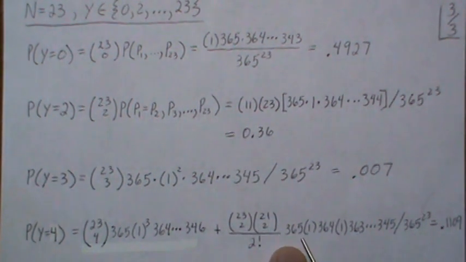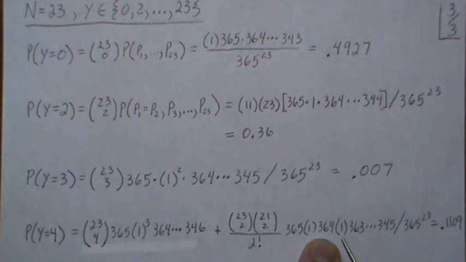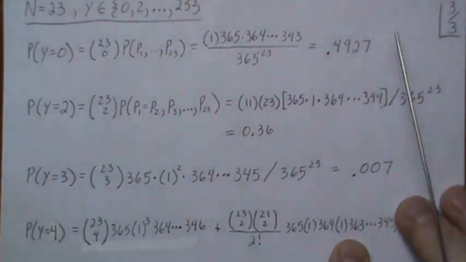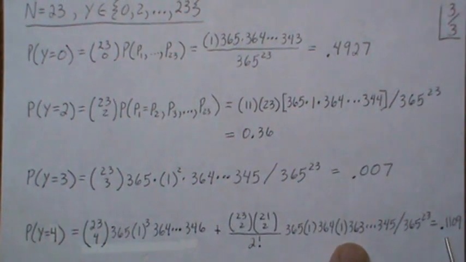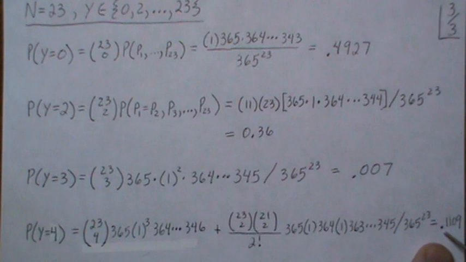Now here, the first person has 365 ways. And the next person has to match. Next person 364, next person has to match. Then all the others have to be different. So 363 all the way down to 345 divided by 365 raised to the 23rd power. That's 0.1109. And notice that we just went up, which is kind of interesting.